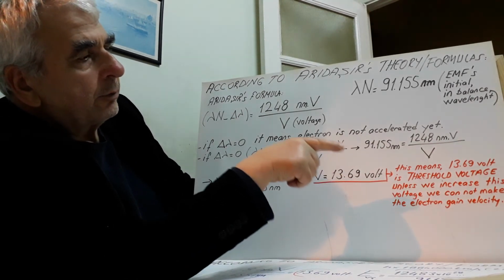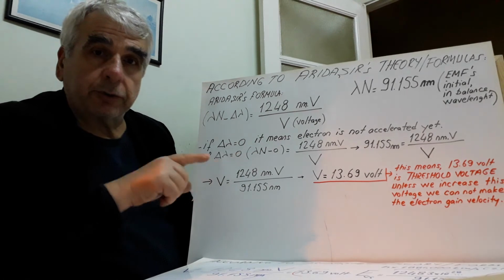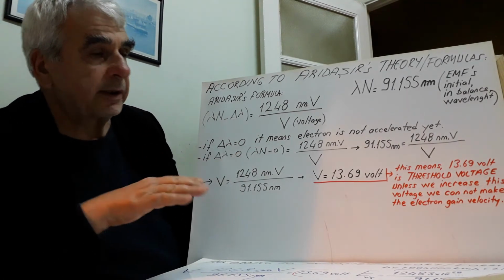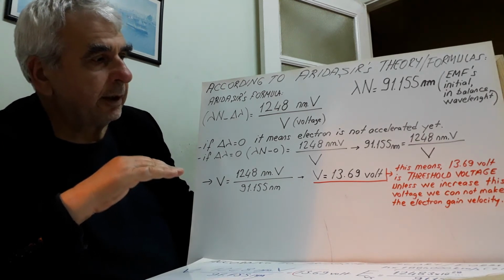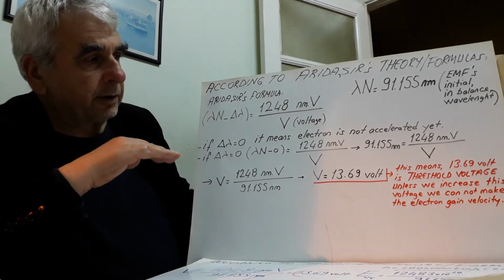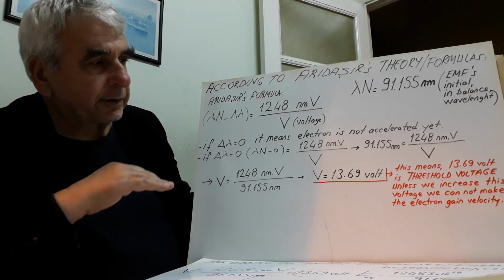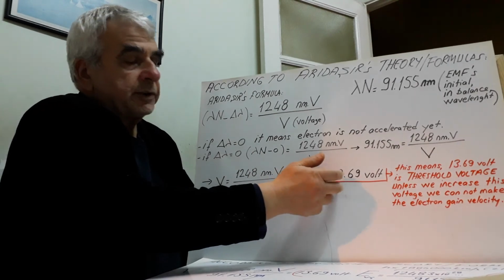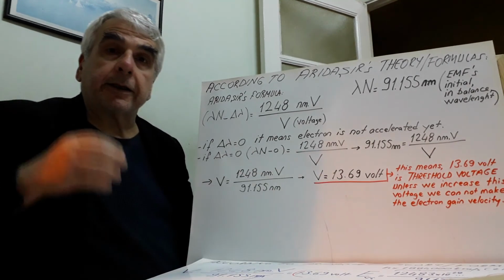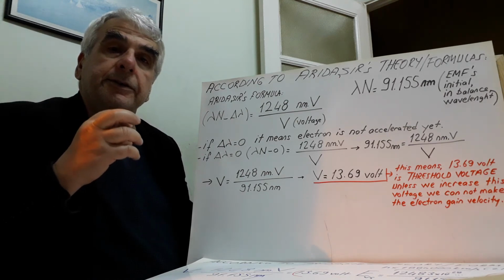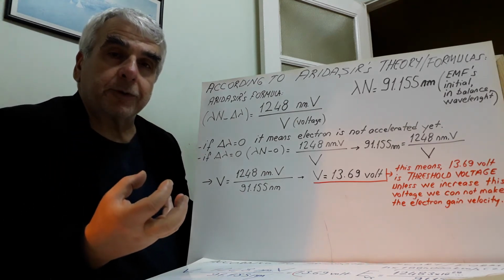This means 13.69 volt is the threshold voltage. Unless we increase this voltage, we cannot make the electron gain velocity. Threshold voltage, like the ground state energy of electron motion form.